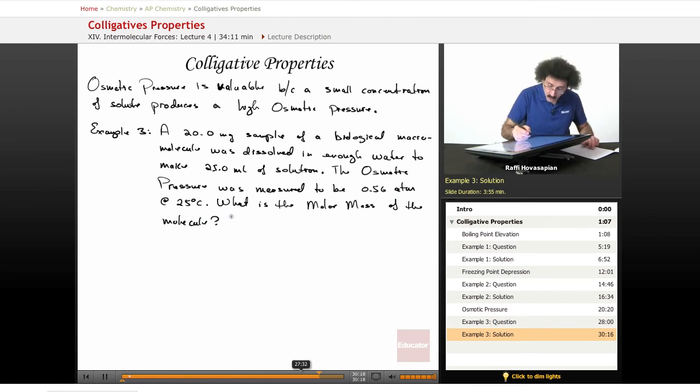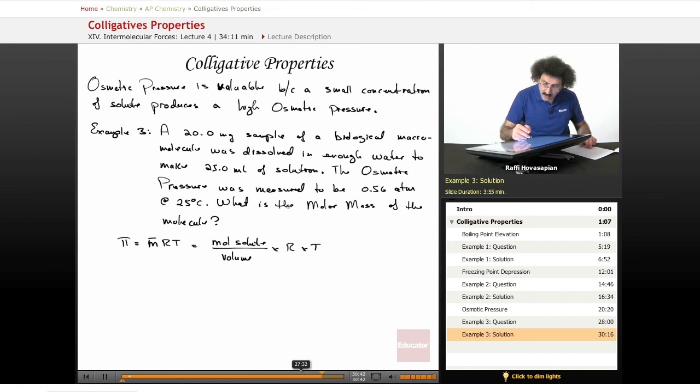Well, what's our equation? Our equation is osmotic pressure equals molarity times R times temperature Kelvin. It equals the moles of solute. By definition, the molarity is moles of solute over the volume times R times the temperature.